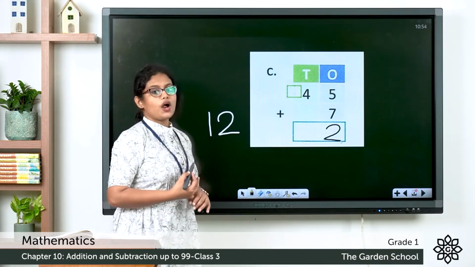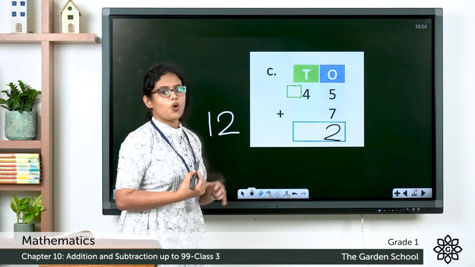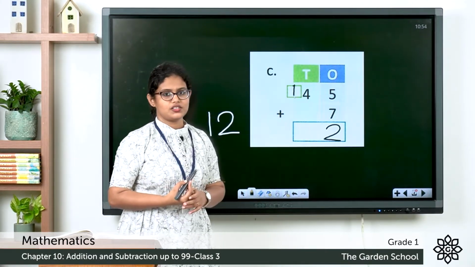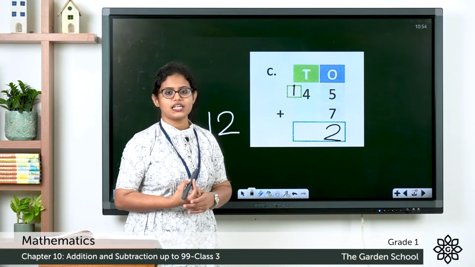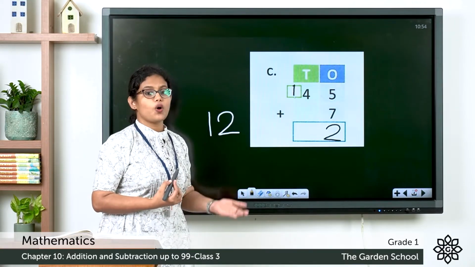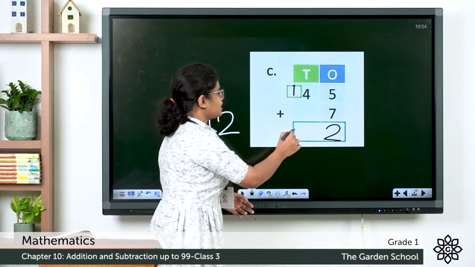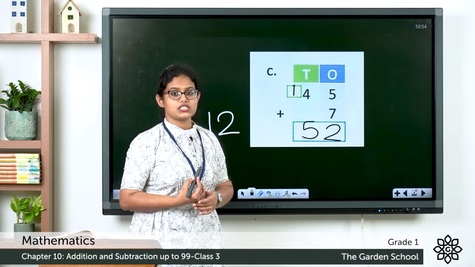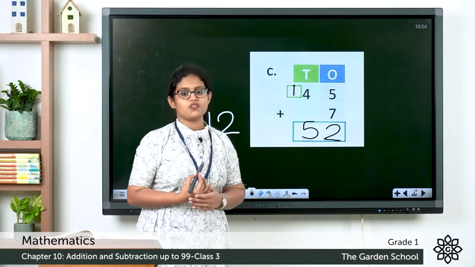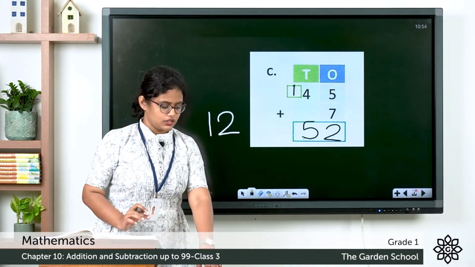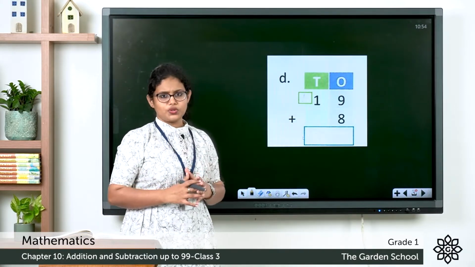We carry over this 1 to the tens place. So let's write 1 here. In the tens place we have 1 ten and 4 tens. 1 ten plus 4 tens makes 5 tens. So 45 plus 7 equals 52.